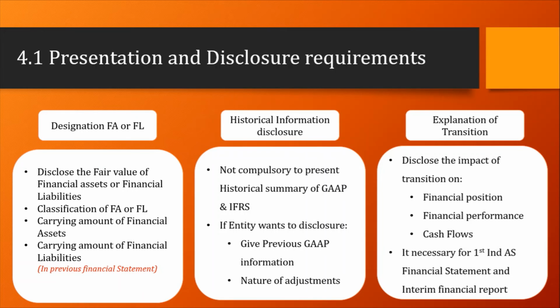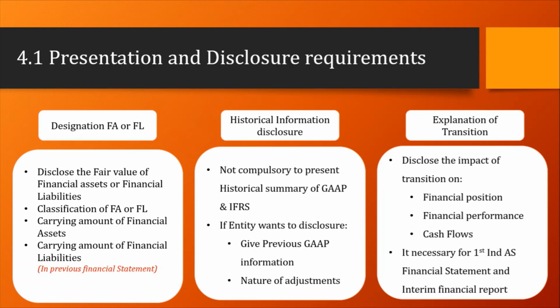Then explanation of transition. They have to disclose how the transition from the previous GAAP to IFRS affects the reported financial position, financial performance and cash flow of the entity, and it is necessary for Ind AS financial statements as well as interim financial reporting.